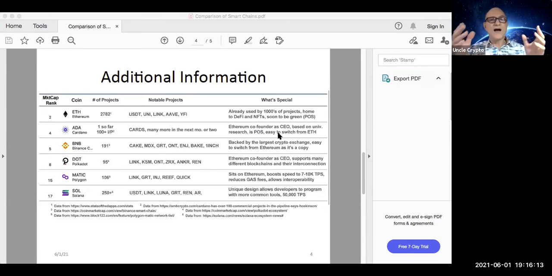And so for a while, it was looked at like there's only going to be one winner. It's only going to be one smart blockchain. It's either going to be Ethereum or Cardano or Polkadot. We don't know which, but one of them. And now with the advantage of hindsight to judge things, you can see that it's not going to be one. There's going to be 3 or 4 or 5.